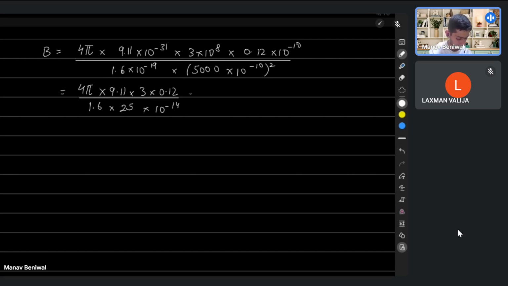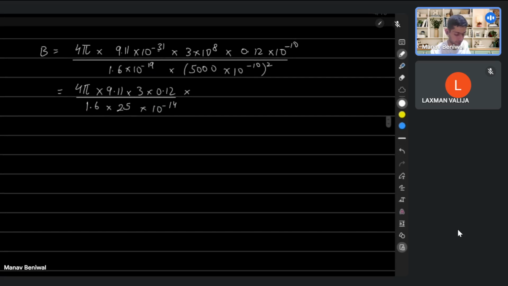Above we have minus 31, and below we have minus 19 and minus 14, which become minus 33. Here we have minus 31 minus 10, which is minus 41, plus 8 is also minus 33.